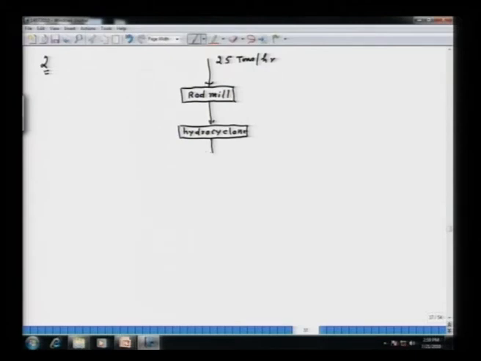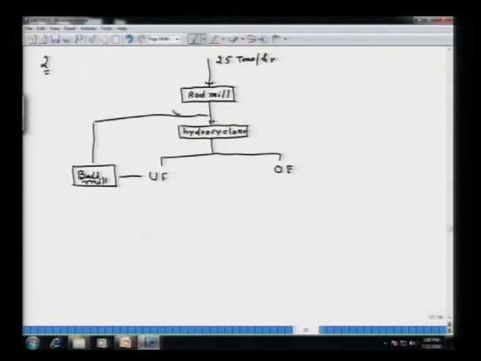The hydrocyclone separates underflow and overflow, and the underflow enters into a ball mill, and that further goes to the hydrocyclone for separation. Here water is also added, water can be added. So, the problem says 25 tons per hour, and this goes to flotation, whatever concentration operation.